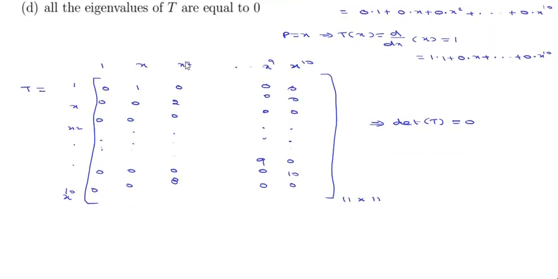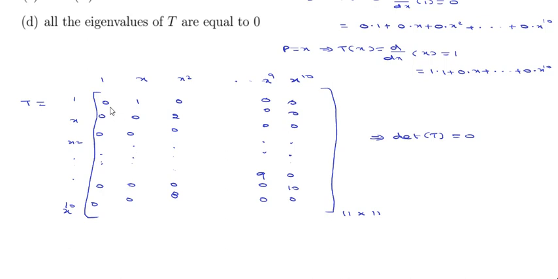So now let us find the rank. So when we omit the first column and the last row, we will get a 10 by 10 submatrix. The determinant of this 10 by 10 submatrix is non-zero. So therefore, rank of T is 10. And next we will find trace.